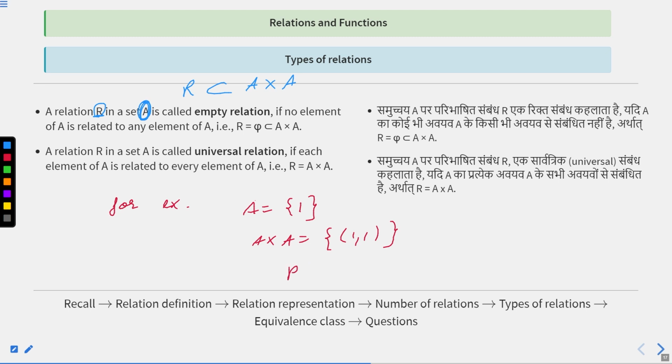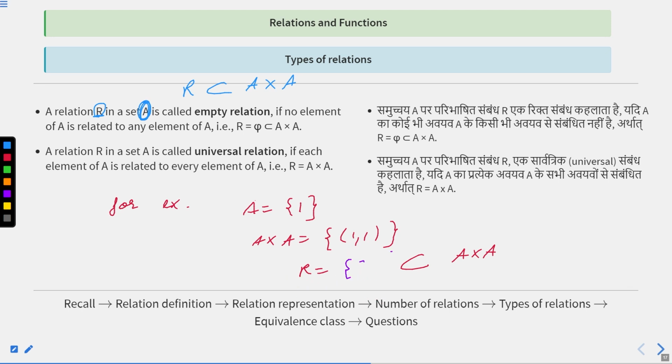If you try to define R, you can say that R is just the empty set, because as you remember, R must be a subset of A cross A. And in this set, we have no elements related to each other.